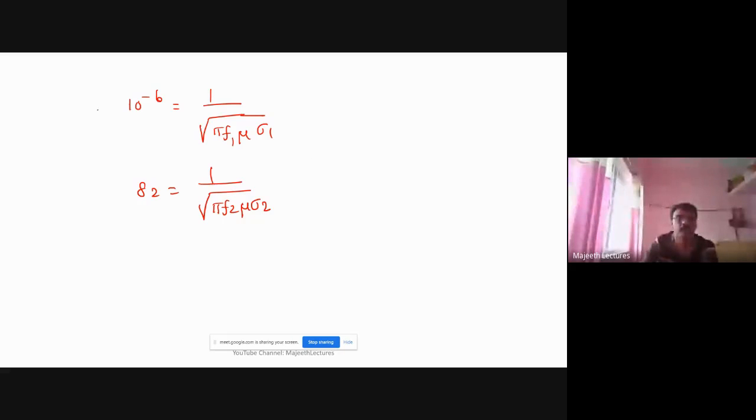Right? So this you assume as del 1. So del 2 by del 1, if you simplify, pi mu cancel, and you get del 2 by del 1 is root of f1 sigma 1 divided by f2 sigma 2. Substitute del 2 and del 1 values.